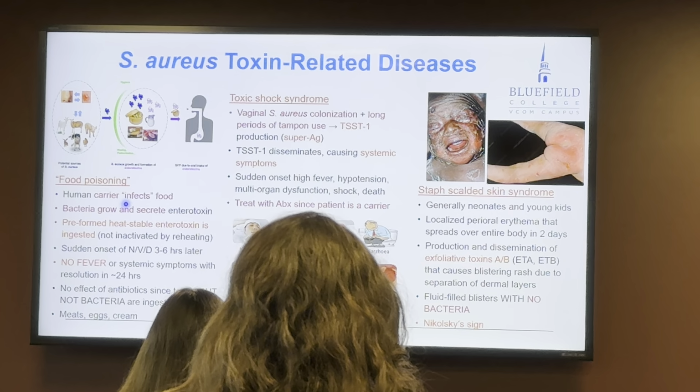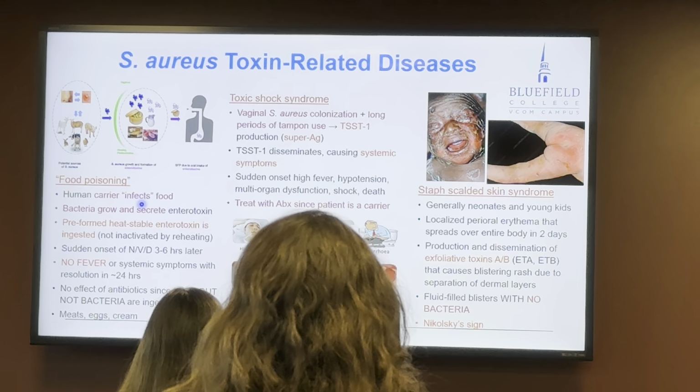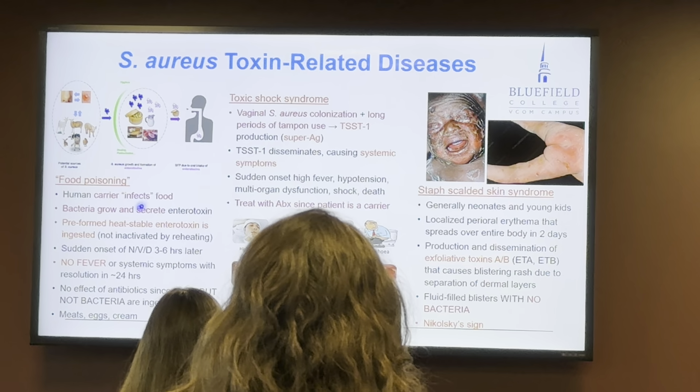This time of year, sniffles. In the summer, allergies, sniffles. People wipe their nose, don't wash their hands, and then go back to fixing whatever they're fixing. Or you're sneezing, or you're just shedding through respiratory secretions. But you're shedding, and that Staph aureus gets into the food.